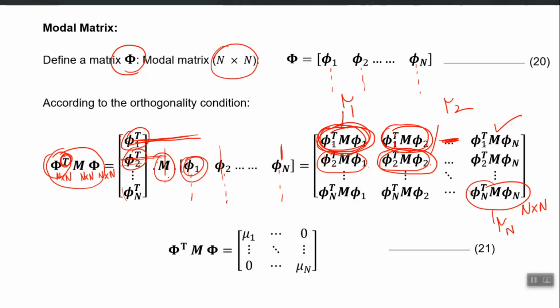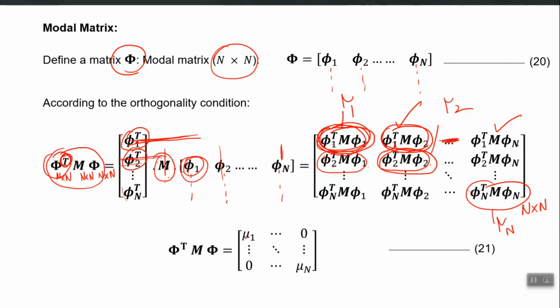So the product matrix will have all the same modes on the diagonal and different modes in the off diagonal terms. The off diagonal terms will all become 0 by applying the orthogonality property, and you will have non-zero answers only on the diagonal. So the resulting matrix will be a diagonal matrix.